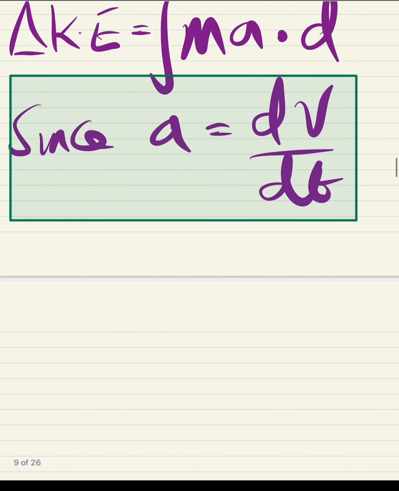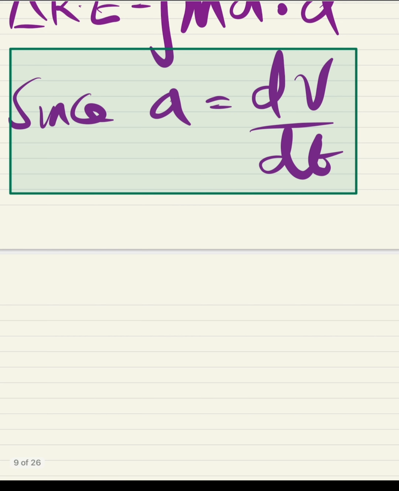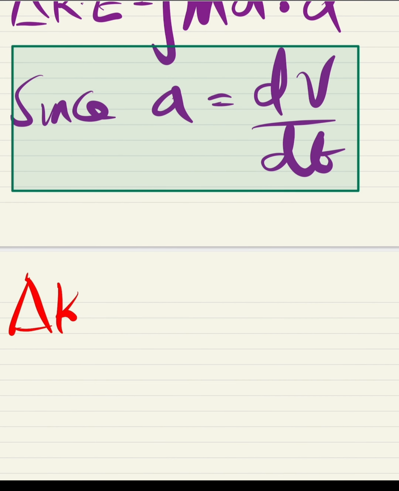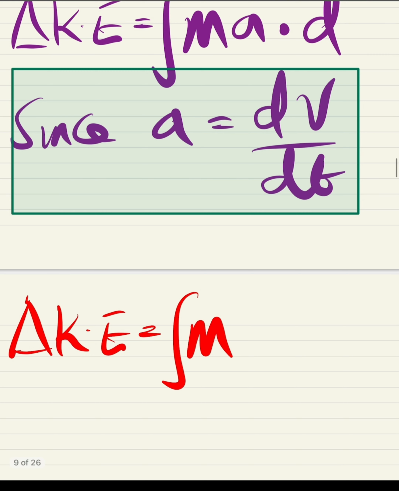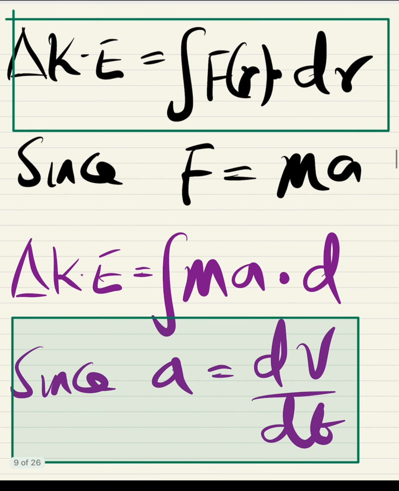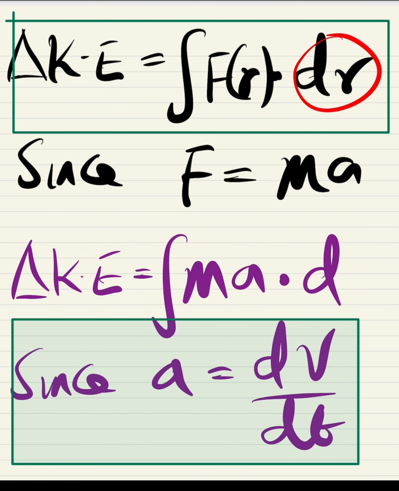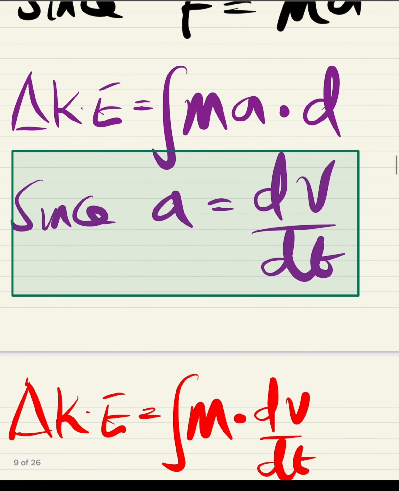So at the end of the day, you are going to be having change in KE, which will give us the integral of M multiplied by dv over dt, but don't forget we still have the dr at the back, right? We still have the dr at the back, so you have to put it.